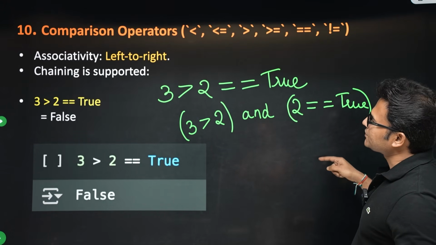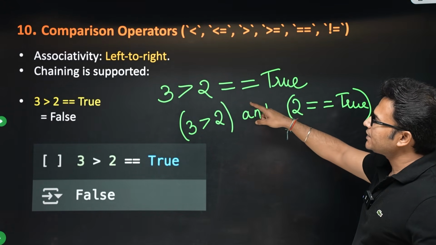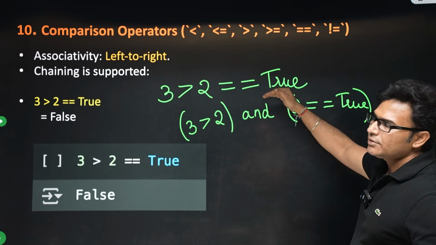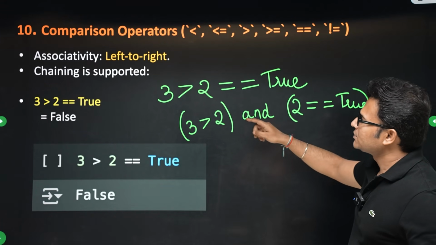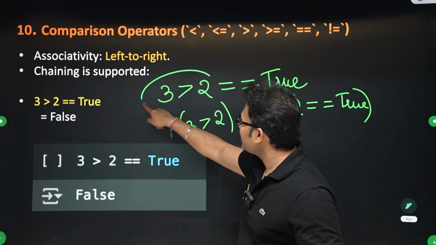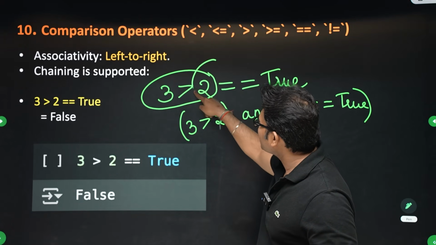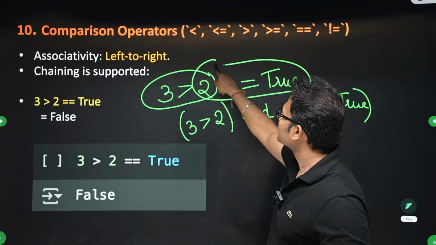These two conditions, even though it is actually a chain, it is expanded like this. So this one is evaluated and this one is evaluated.